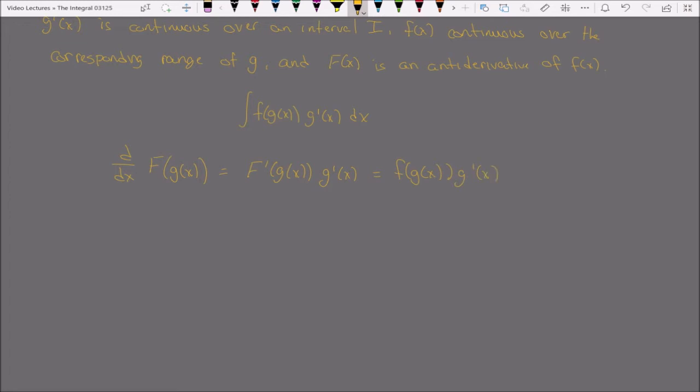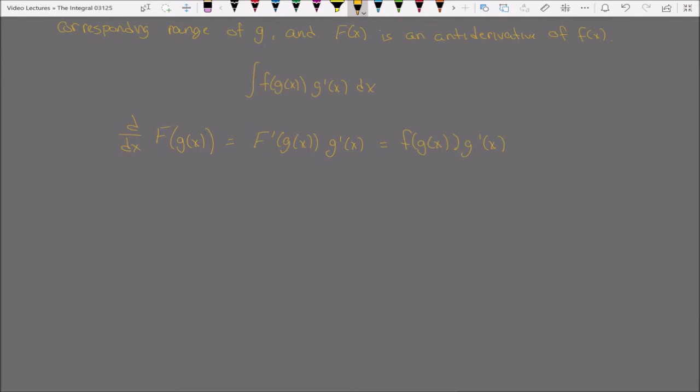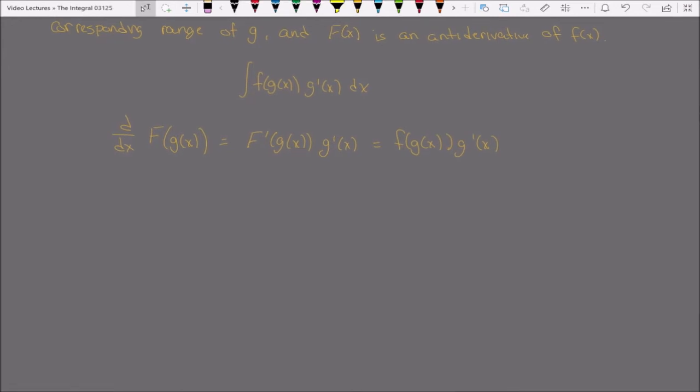So we have little f of g of x times g prime of x. That means that this antiderivative up here is equal to big F of g of x, and obviously we can't forget our constant of integration.